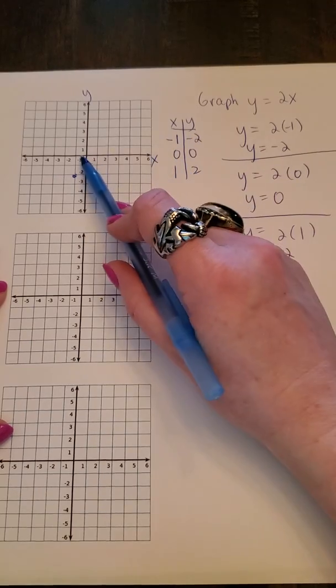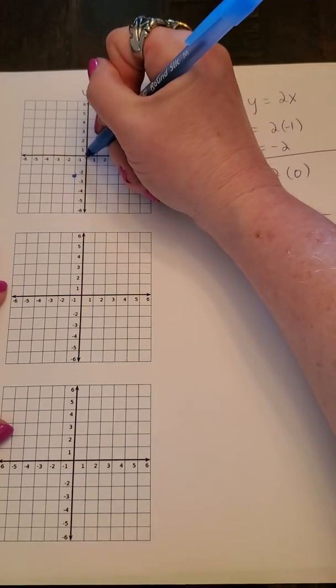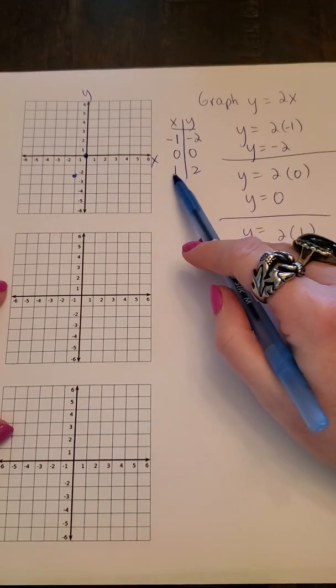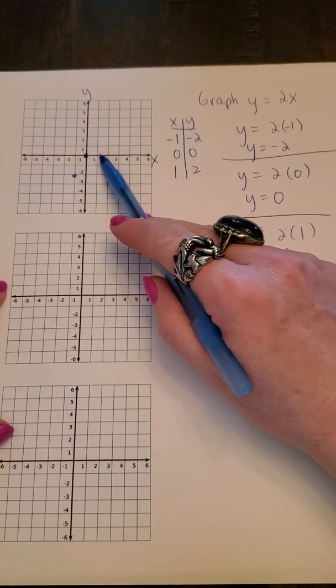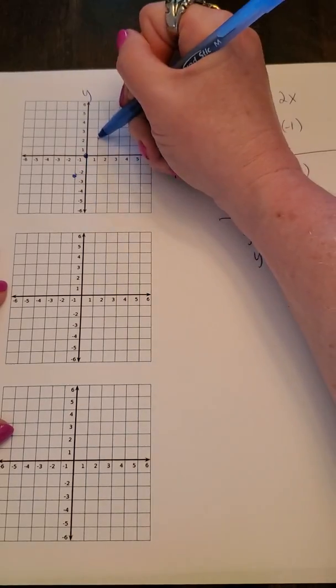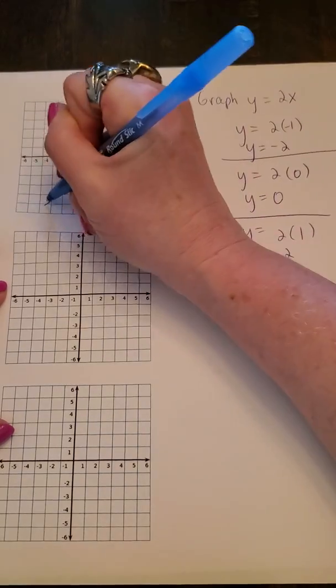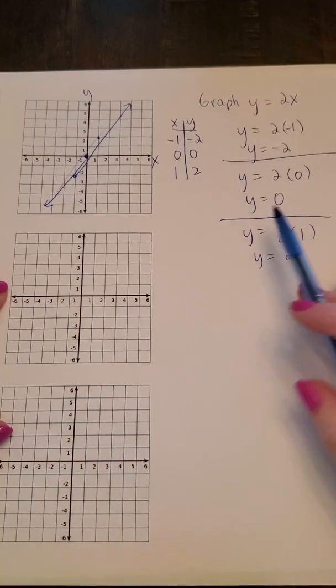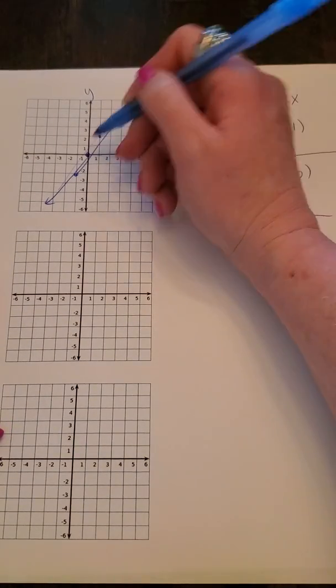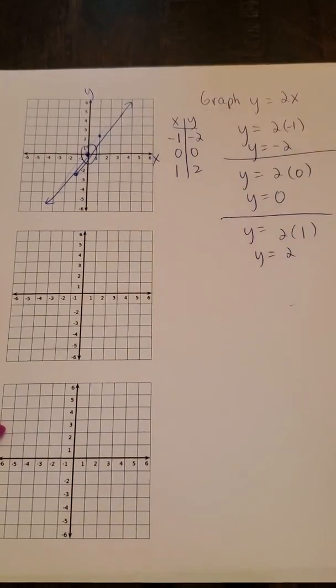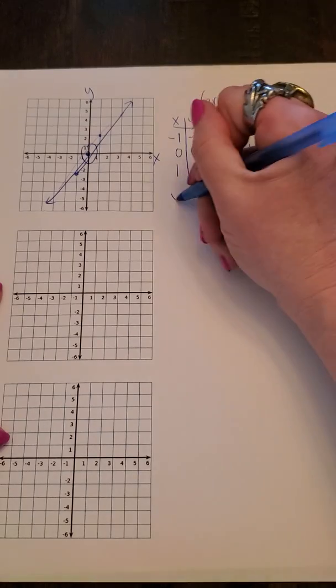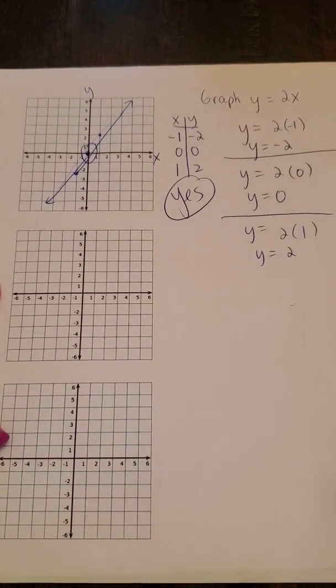X equals 0, go over 0, and then up and down 0, there's the origin. The last one is x equal to 1, go over 1, and then y is equal to 2, go up 2, and there's the dot. Connect them, make sure you connect the dots. And is that a direct variation? Yes, it is, because it goes right through 0, 0. So yes, it is a direct variation.